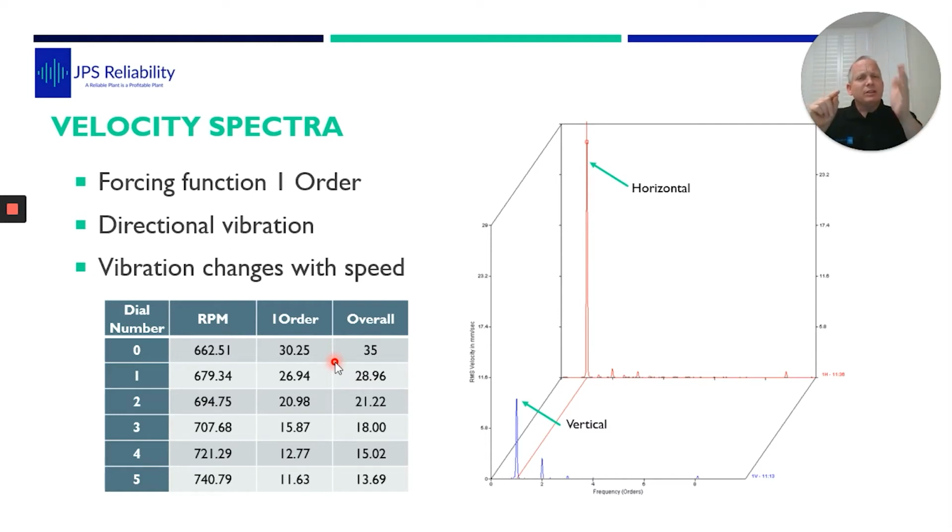So with high directional motion, speed related, forcing function one order, the first thing that springs to mind is some sort of resonance.